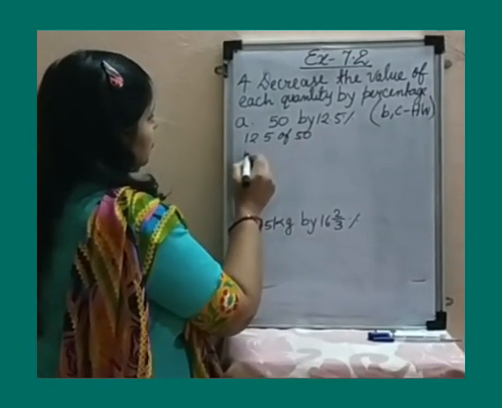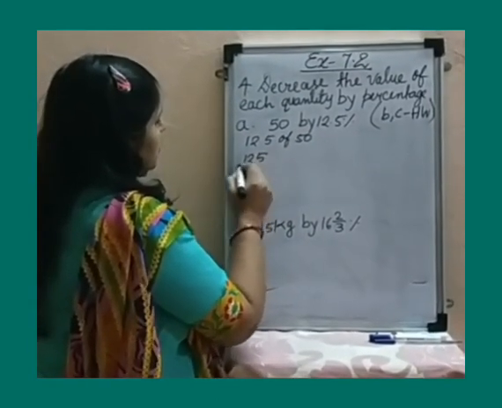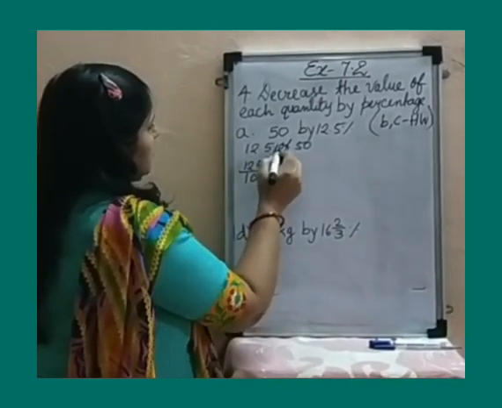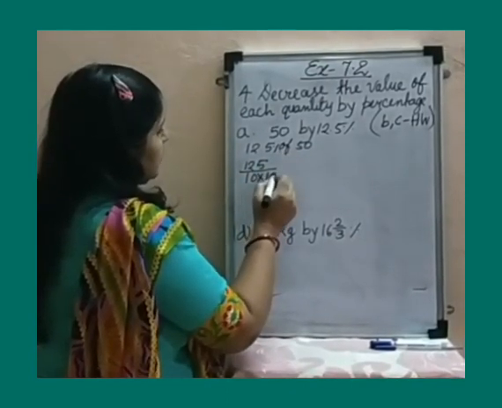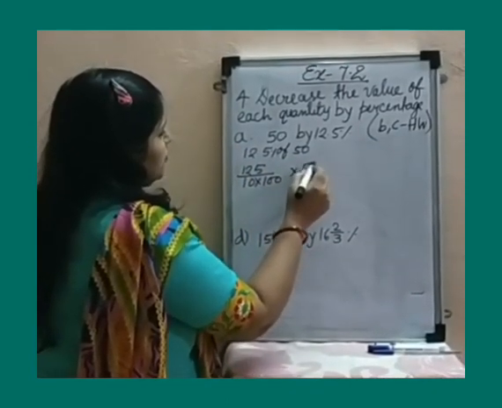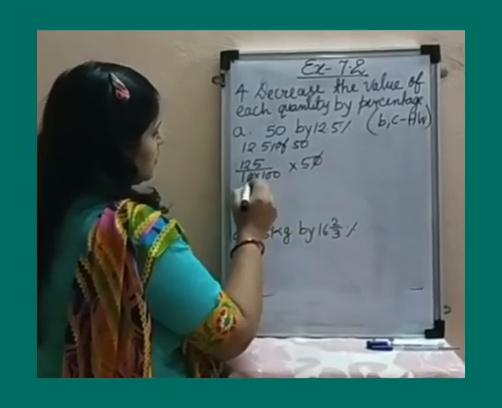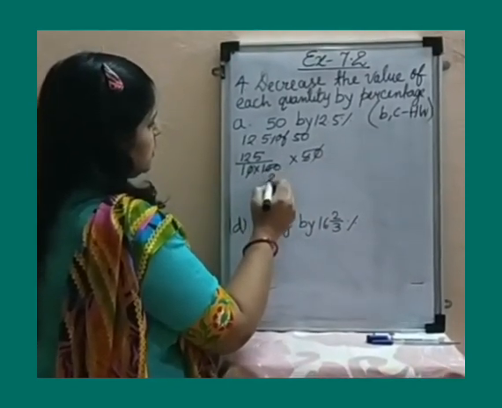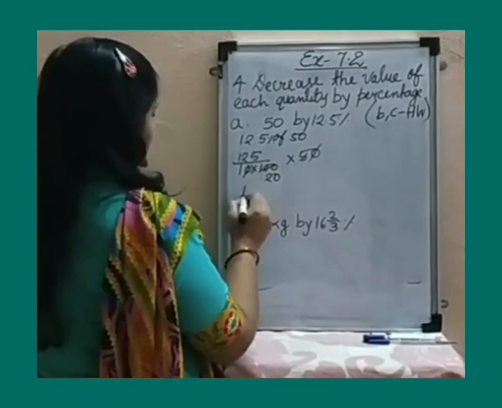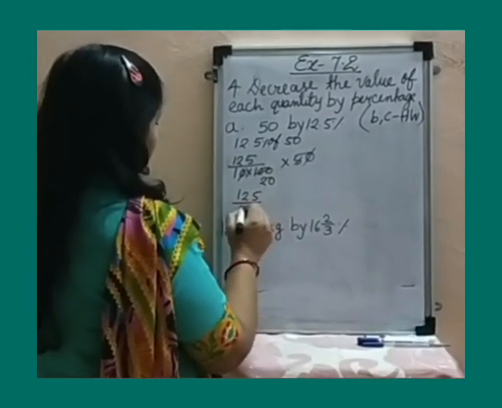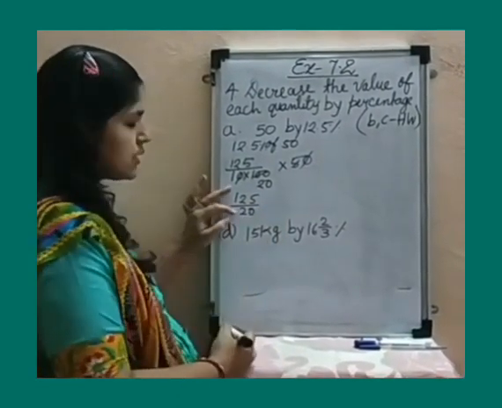So 12.5 means 125 upon 10, and for percent 100, into 50. 125 upon 20. We can cancel it by 4.